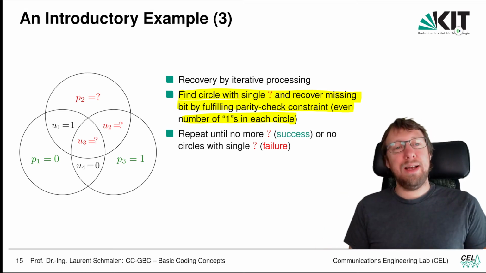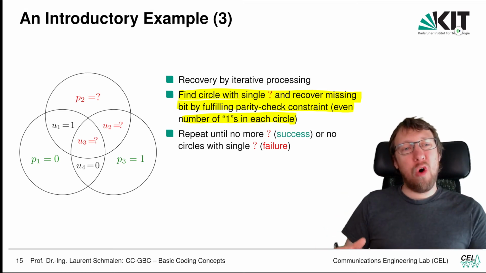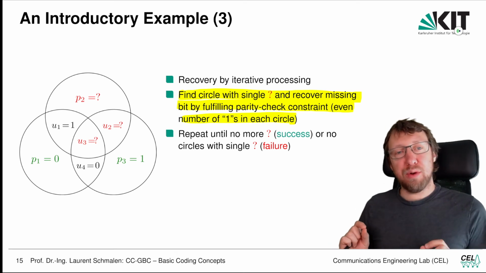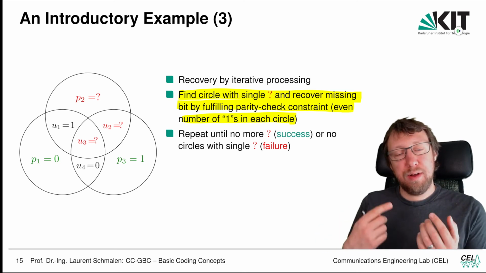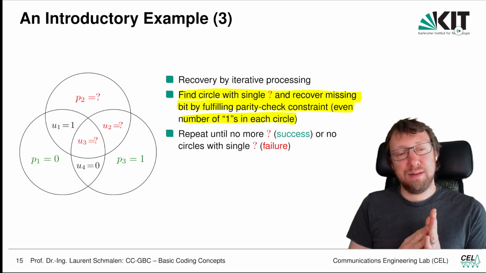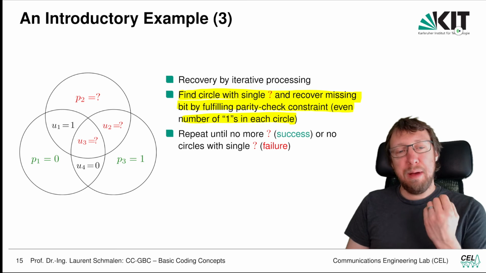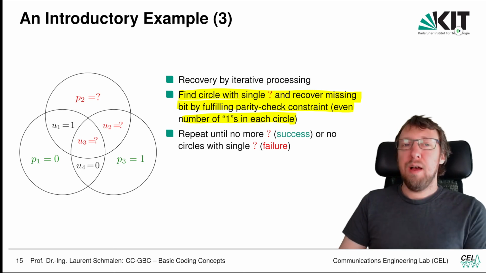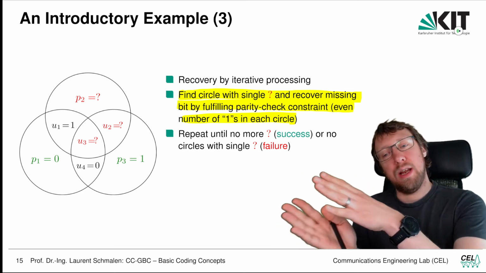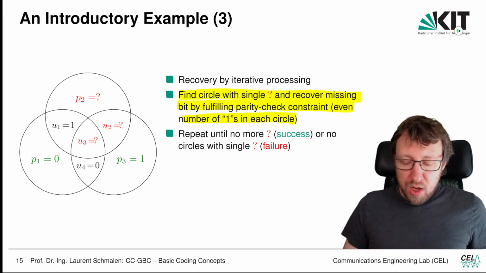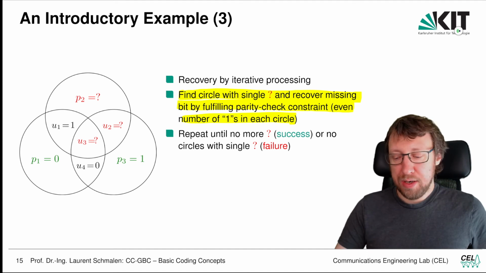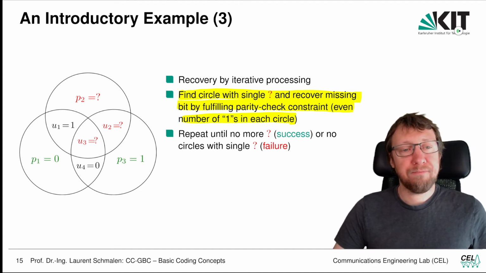The goal of the lecture is to get an understanding of why this simple algorithm works, and to design the codes such that it works with very high performance. That's the main idea. We start with something very simple, but we design our coding schemes such that they are matched to this simple decoder. So let's proceed with this simple algorithm.